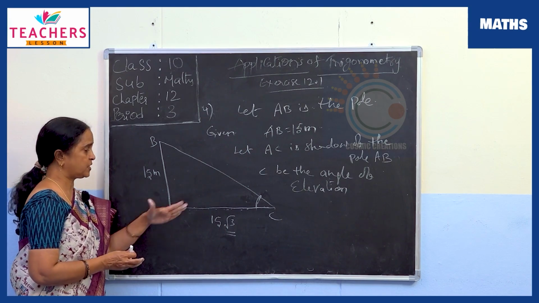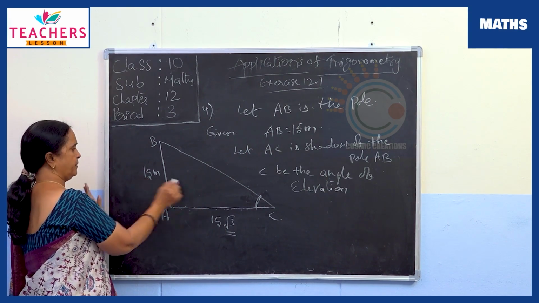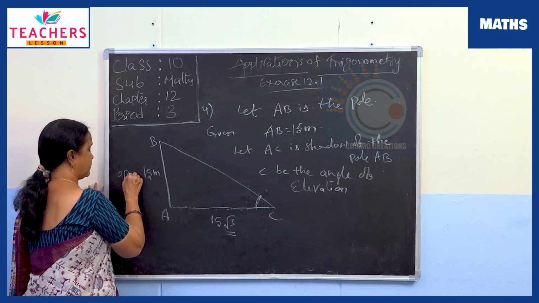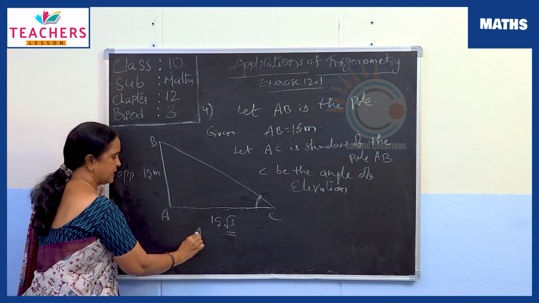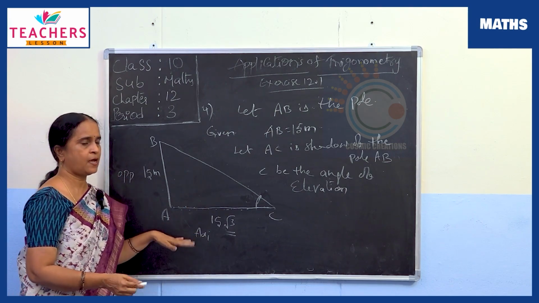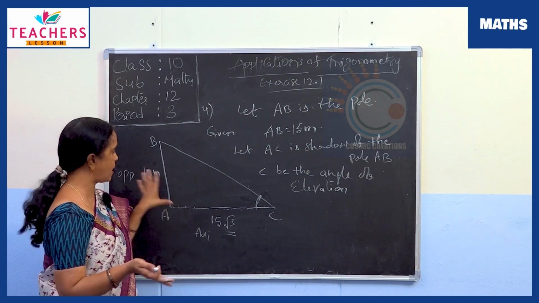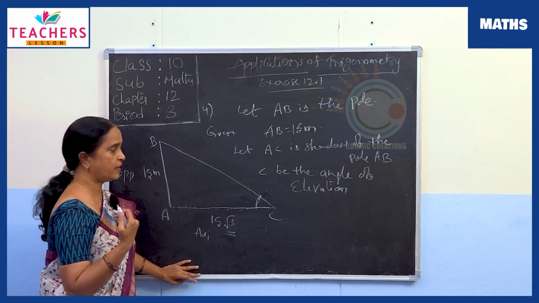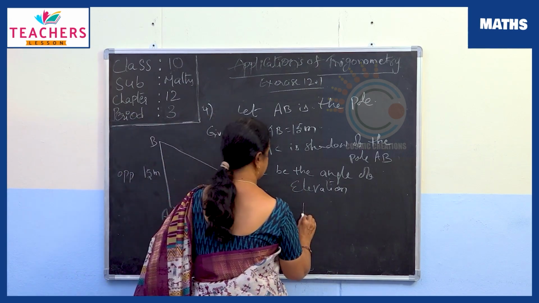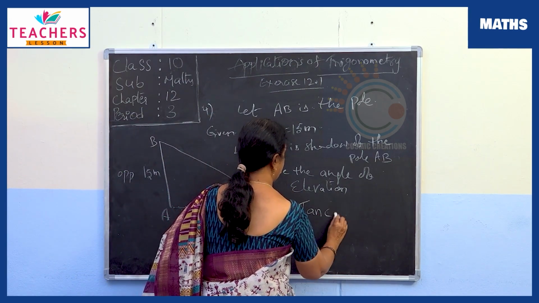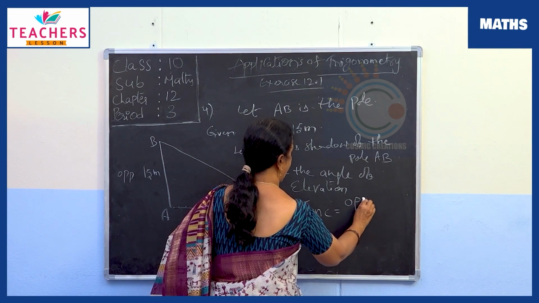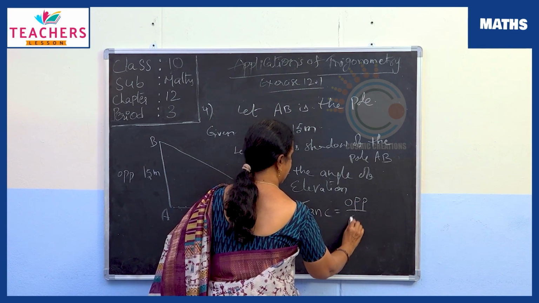Now with respect to C, this is opposite to C and this is adjacent to C. The ratio between opposite and adjacent is tan. Tan C is equal to opposite by adjacent.